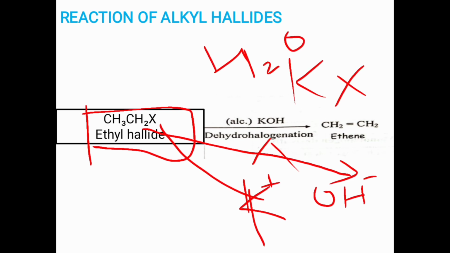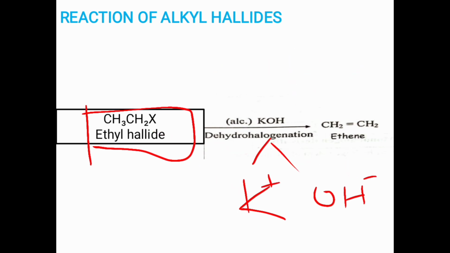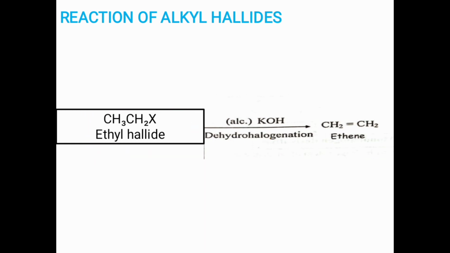This is water. So the byproducts are potassium halide and water. The remaining radicals will combine with each other to form the double bond, and hence ethene, the product, will get formed. This is a dehydrohalogenation reaction. From the name itself we can understand this is the removal of the hydrogen as well as the halogen from the reactant. Students, let's go further.